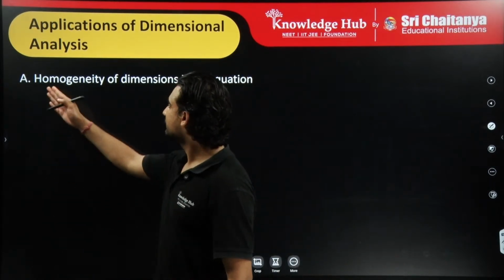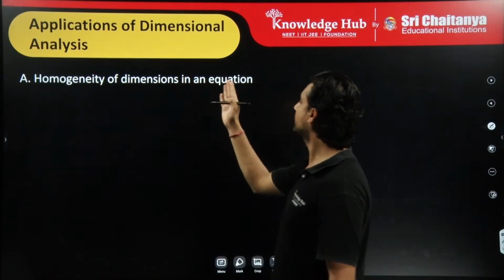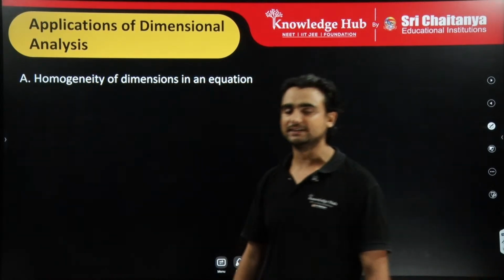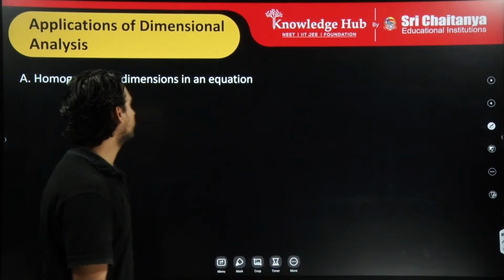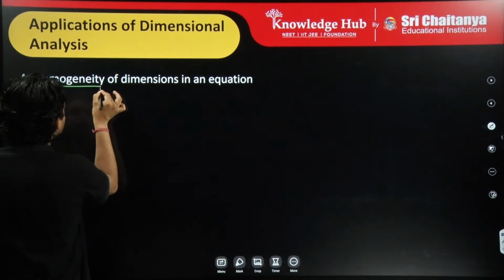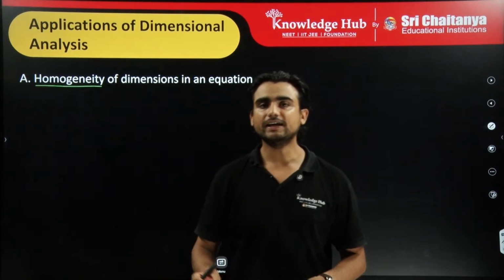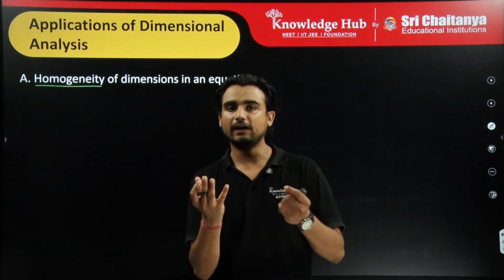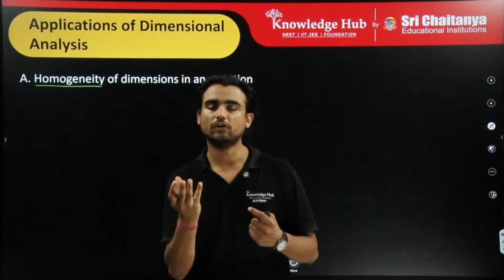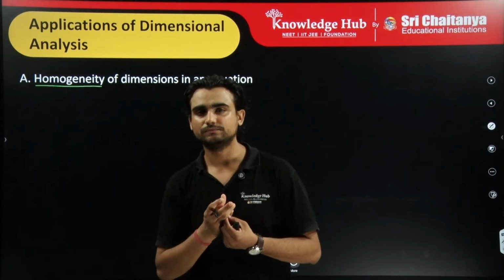So the first application is homogeneity of dimensions in an equation. Let's see what is homogeneous. What do you mean by homogeneous? Let's say I make a mixture of salt and water, right?